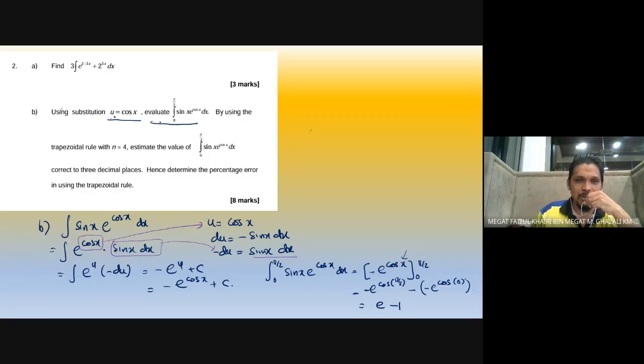Okay, the same question, but now we use the trapezoidal rule with n equal to 4. For n equal to 4, let's compare with this table.